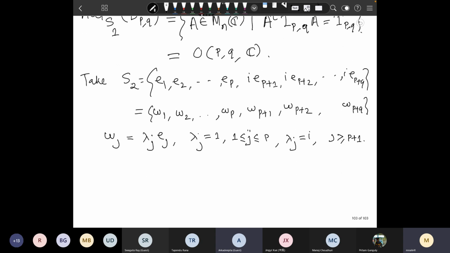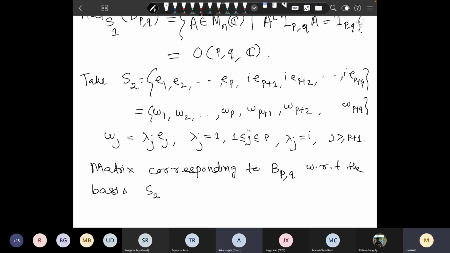Now I want to form the corresponding matrix, the matrix corresponding to B(P,Q) with respect to the basis S2.